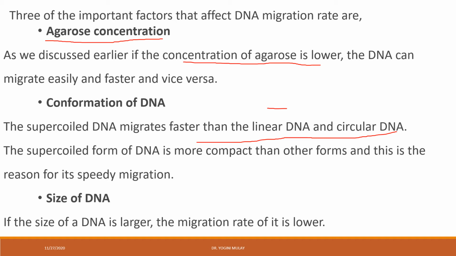Because the supercoil form of DNA is more compact, and therefore it becomes very easy for supercoiled DNA to pass through the pores of this agarose gel. On the contrary, the linear DNA and the circular DNA overall are quite big in size, and therefore they find it a little bit difficult to move very quickly through the pores of agarose gel.